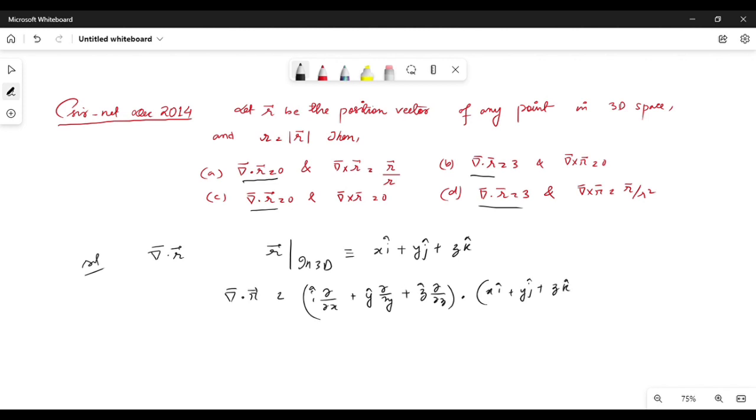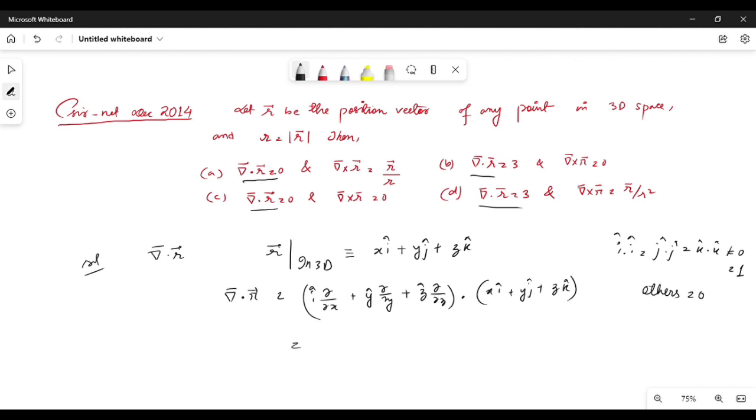It doesn't matter if it is z cap or k cap, they are similar. That is, i dot i will survive, j dot j will survive, and k dot k will survive because they are equal to 1, not 0, and the others are 0.